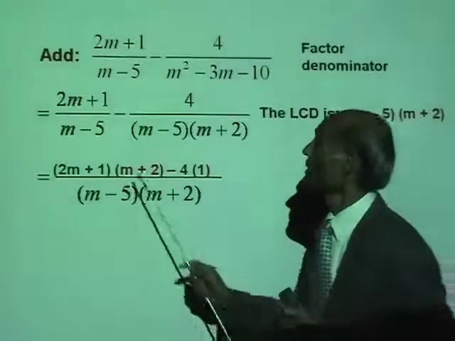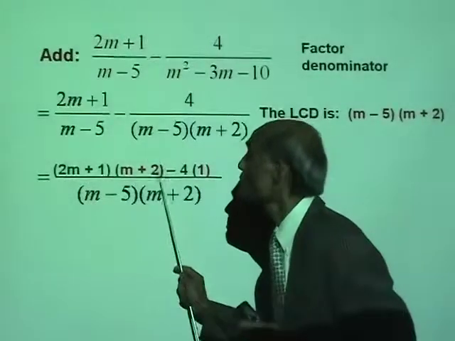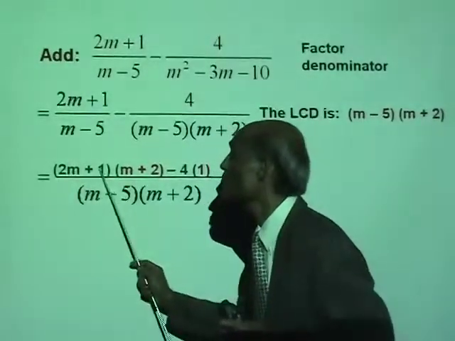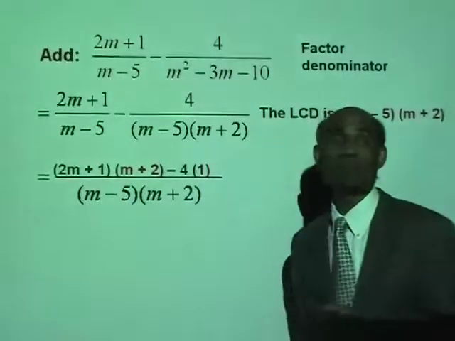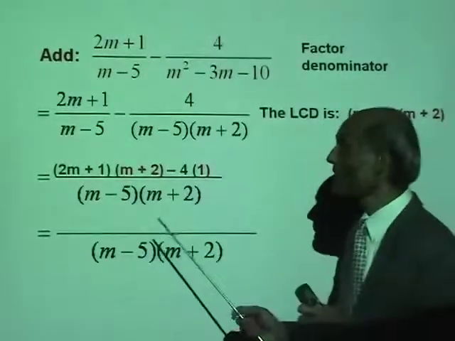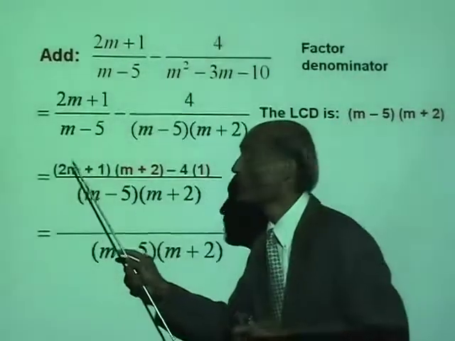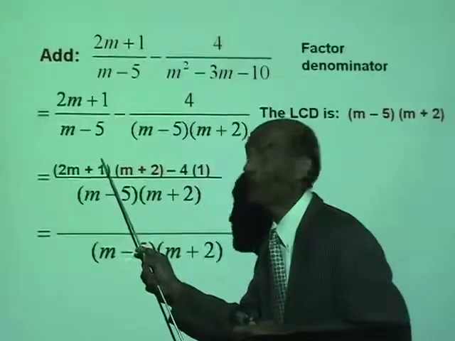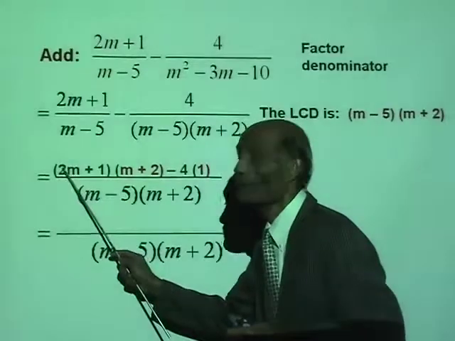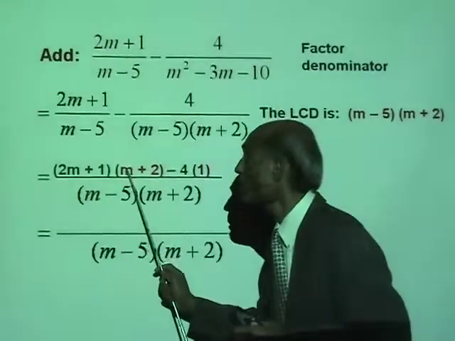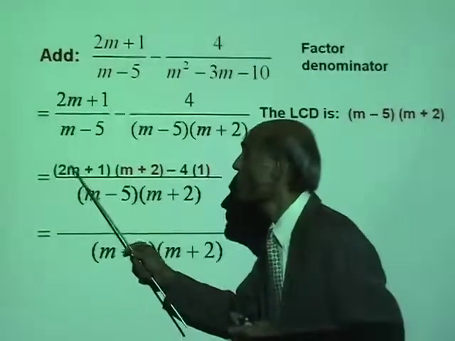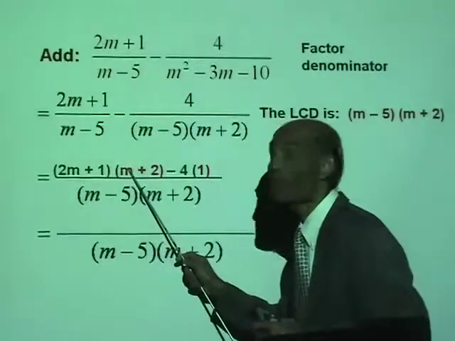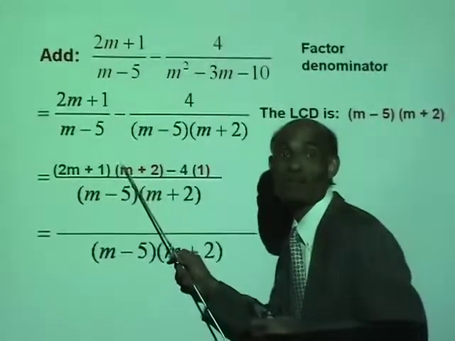And now, look at this. You need to multiply here 2m plus 1 times m plus 2. Can you multiply that? Now, look at the way I'm going to do that. Watch the motion of my pointer. You first multiply both these with 2m. 2m times m is 2m squared.